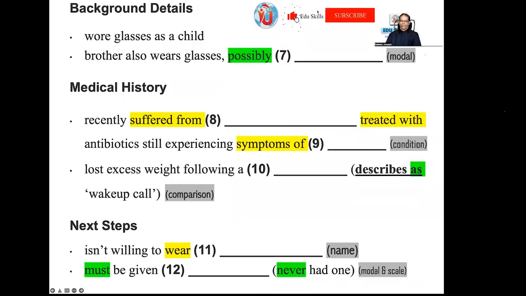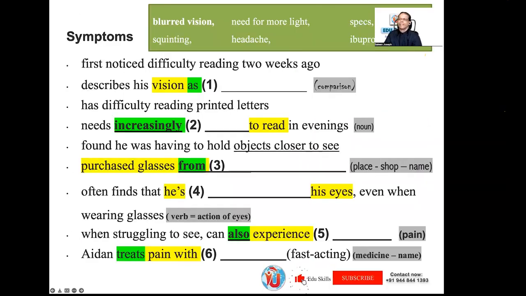We did not take the name of the medicine, but then it's ibuprofen here. Only squinting we did not get when we predicted, right? So can you put in these words here? First one, blurred. No, first one was something else. It's okay. Second one, go to second, just from prediction. Increasingly, it is a comparison.